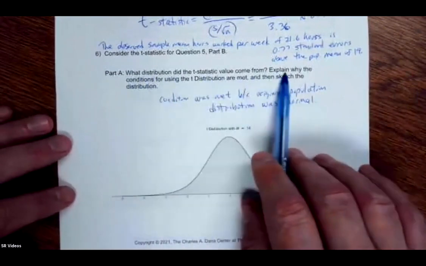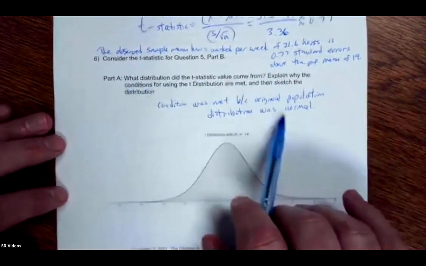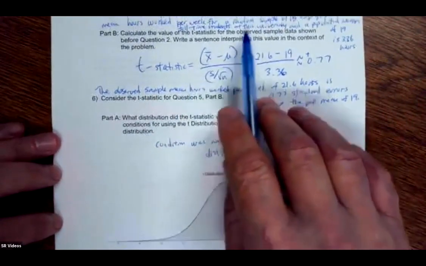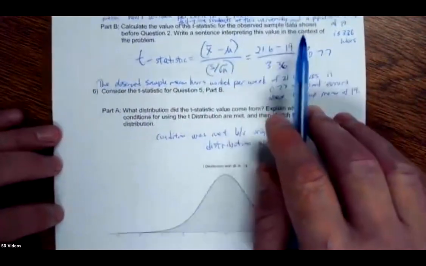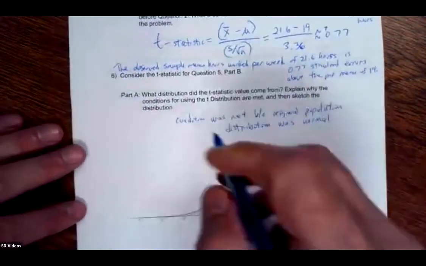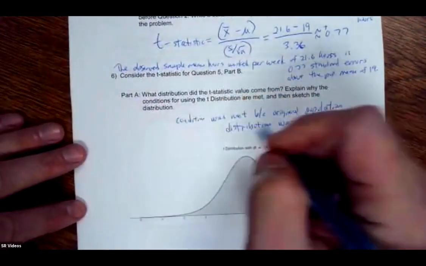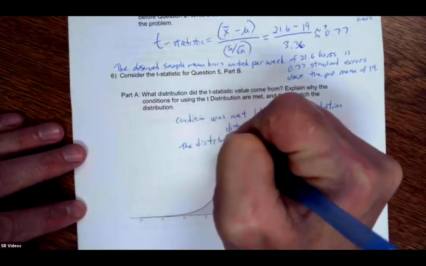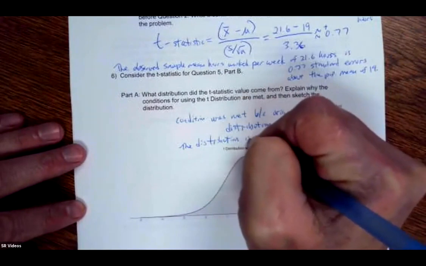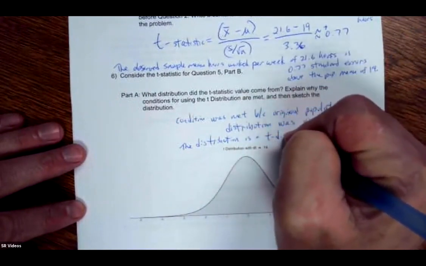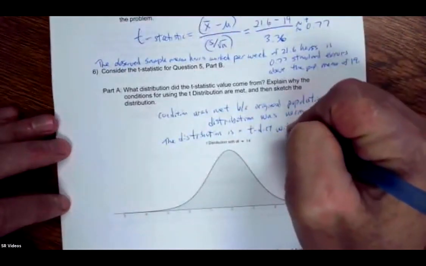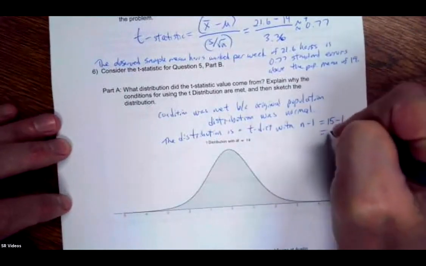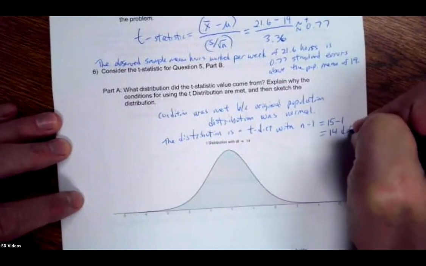Okay, what's the distribution? Because this was met, then we have a T distribution. And because our sample size was 15, we have 15 minus 1, or 14 degrees of freedom. So the distribution is a t distribution with n minus 1, or in this case 15 minus 1, or 14 degrees of freedom.